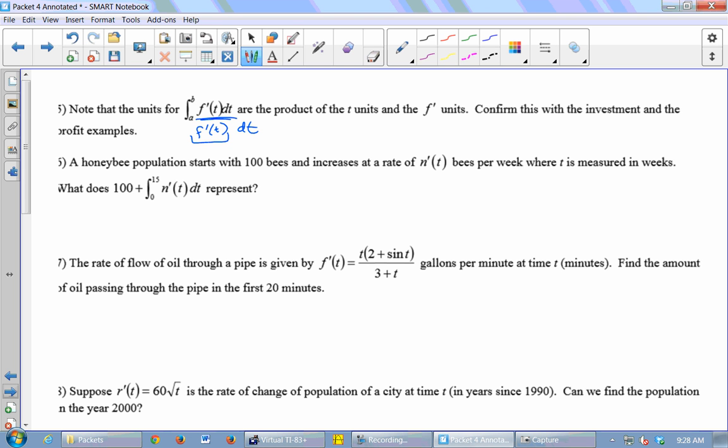These have y units per t units, times the units on dt, which are t units, and those would cancel. So the integral has units that are just y units. The product of the t units and the f prime units are just the y units.